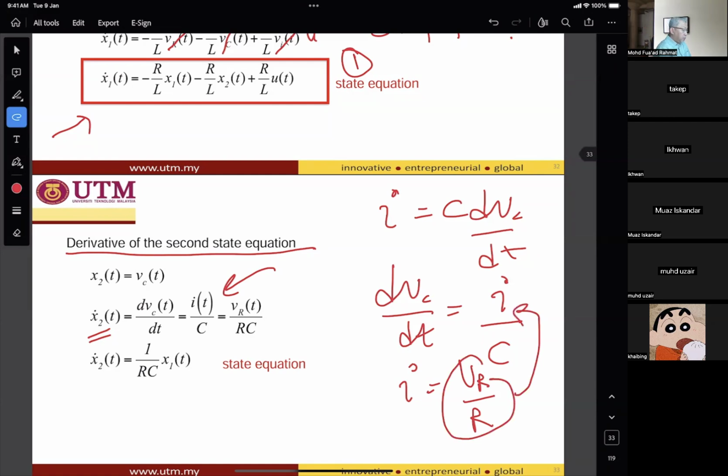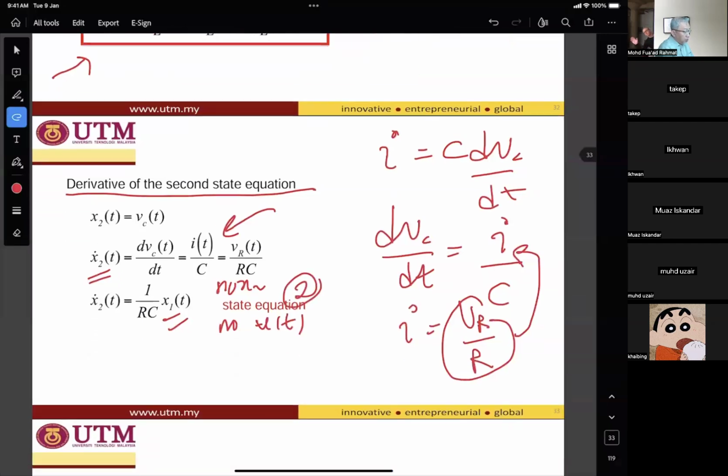Therefore you get 1 over RC VR, and x2 dot is 1 over RC x1. So no x2, no U of t, no input. So x1 is alone in the second state equation. So this is state equation number 2.